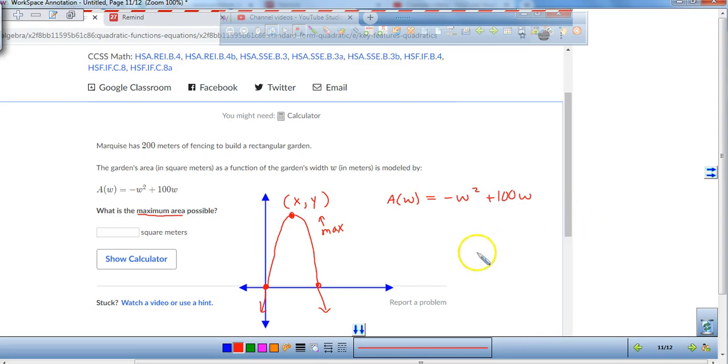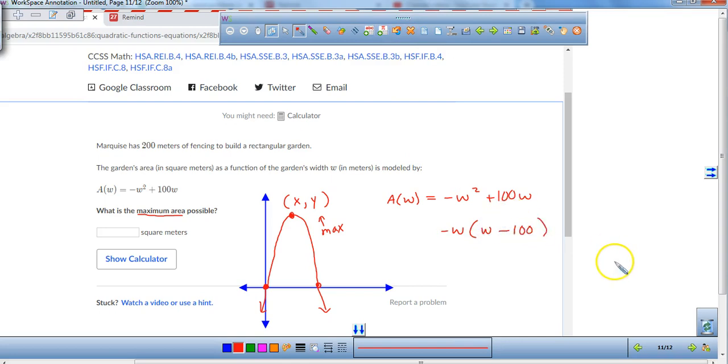All right. So right now, one thing I'm going to do is factor out a w. Actually a negative w makes it a little bit easier. So factor out a negative w, multiply that by a w, then I'll put minus 100. So I have 2 zeros here.